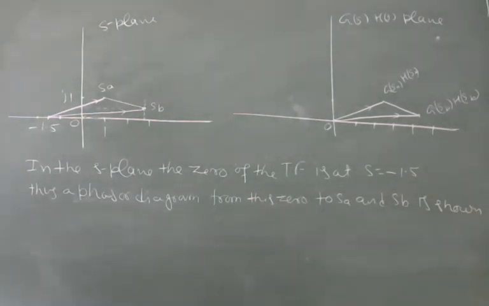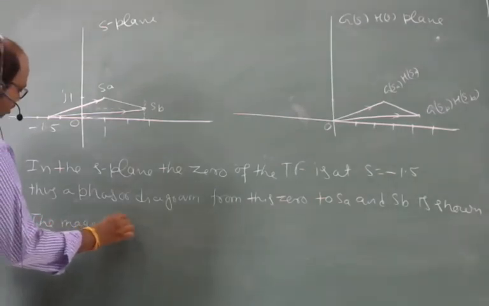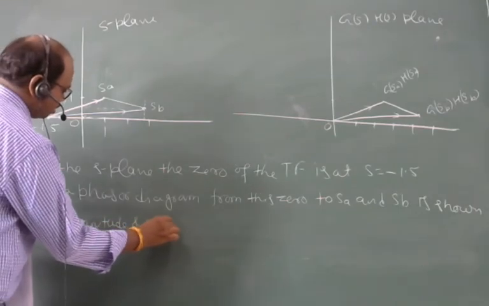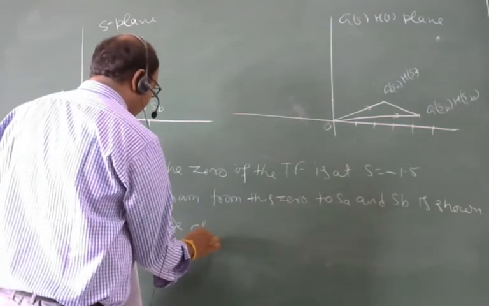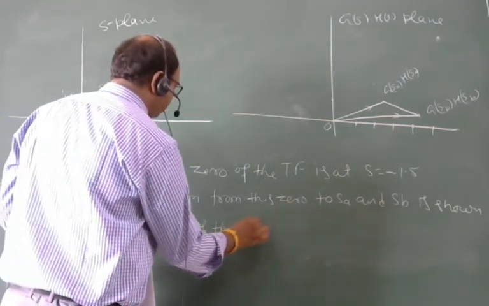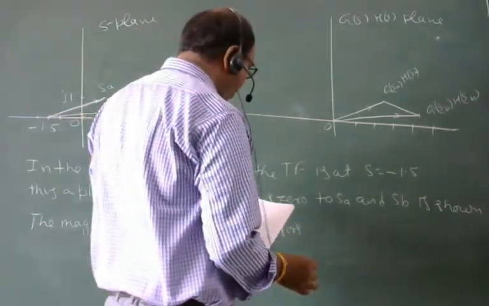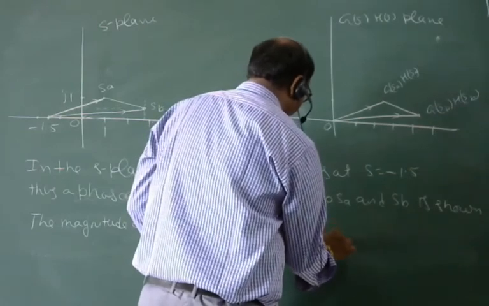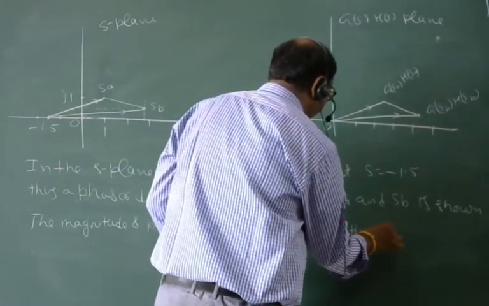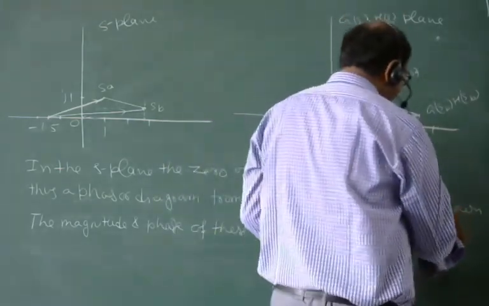The magnitude and phase of these phasors give the value of GSHS.